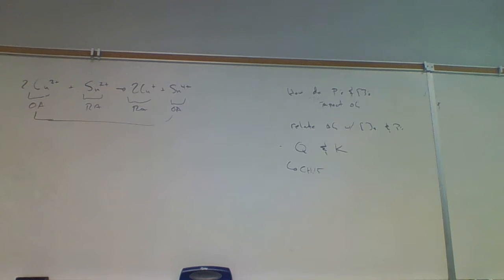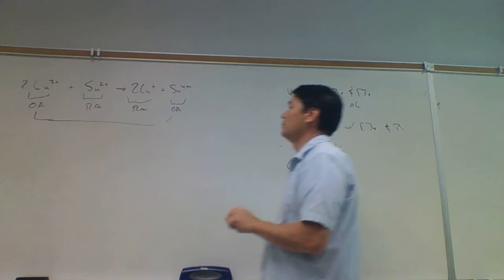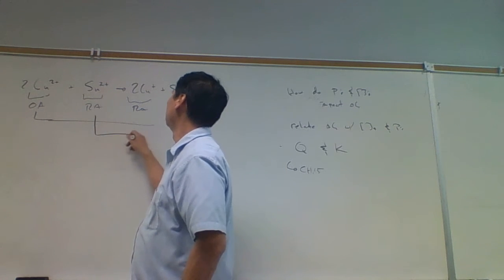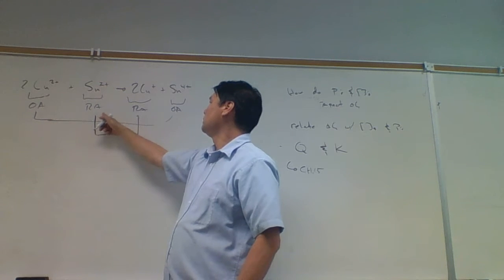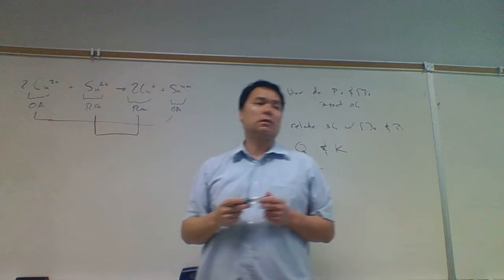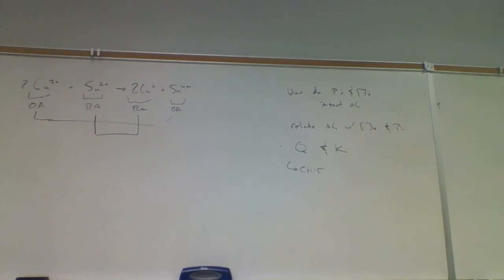Because if the oxidizing agents don't tell us easily, maybe the reducing agents might. And so let's take a look at the reducing agents here and compare the two reducing agents. We'll compare tin 2 and copper 1. And so what's the strongest reducing agent on the chart? Lithium.